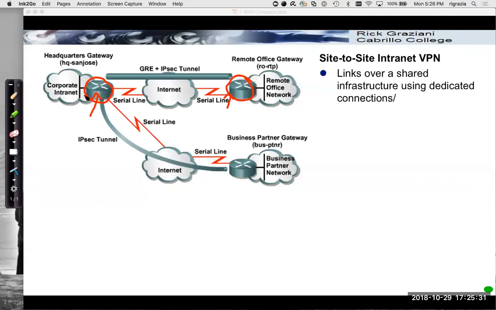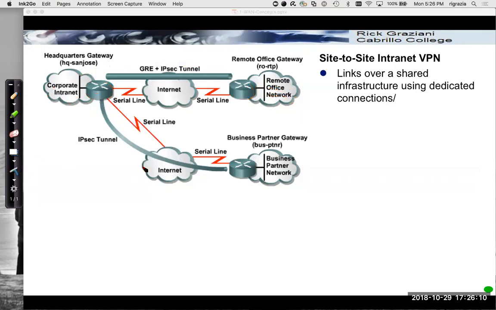If I'm on this network over here and I want to access, let's say, a server over here, all I have to do is access it normally, whatever networking protocol I'm using, as if it was on my network. All the VPN tunneling and encryption takes place on this router here, and it gets unencapsulated and decrypted by this router here.